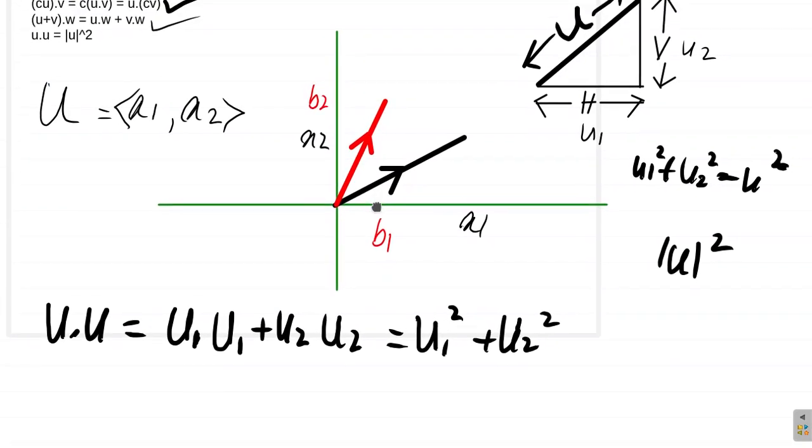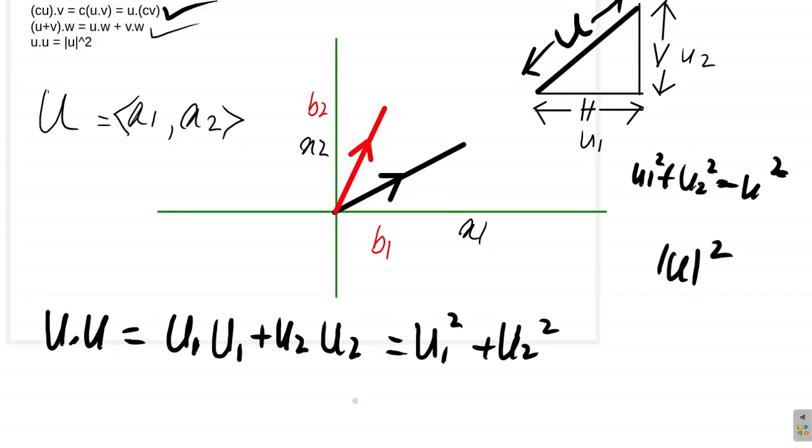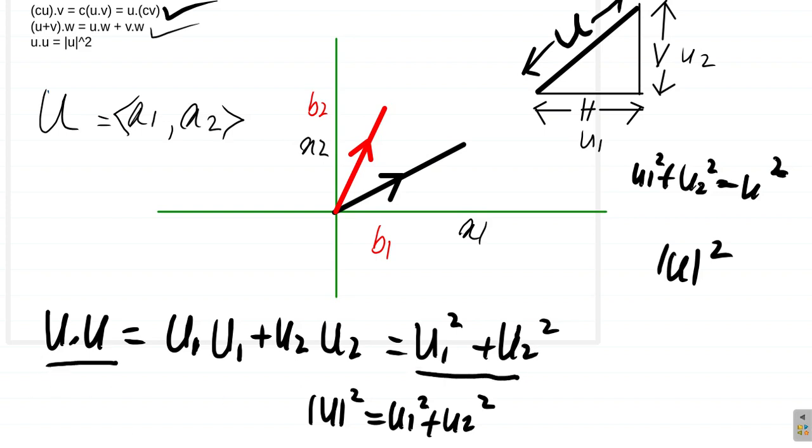What this seems to be saying is that the length of u squared, the magnitude of u, or they call it the modulus of u, squared, is equal to u1 squared plus u2 squared, according to Pythagoras' theorem. But this is equal to u dot u, right?